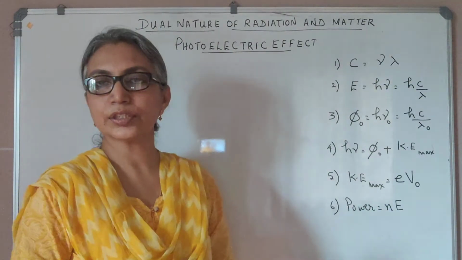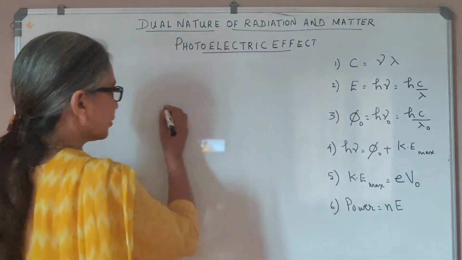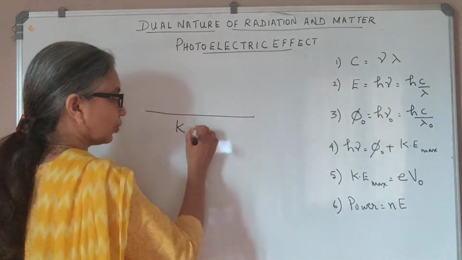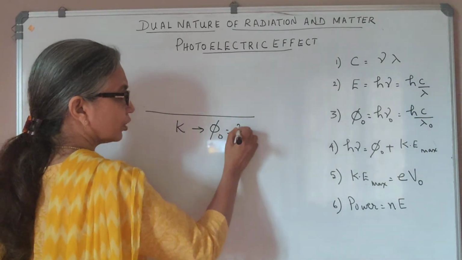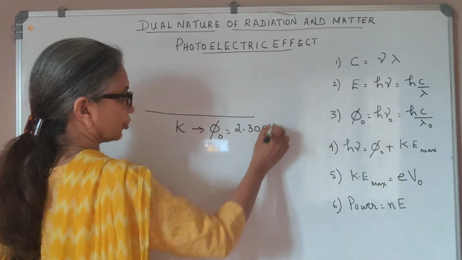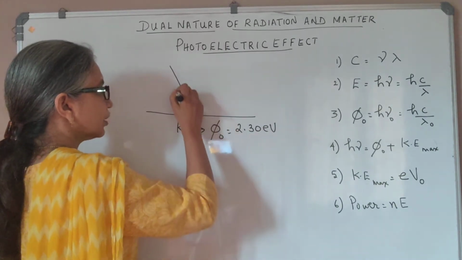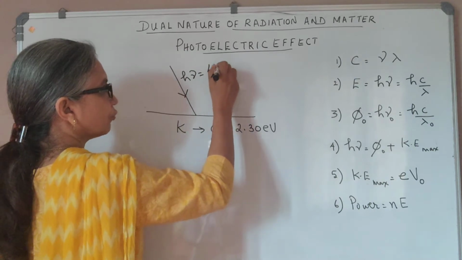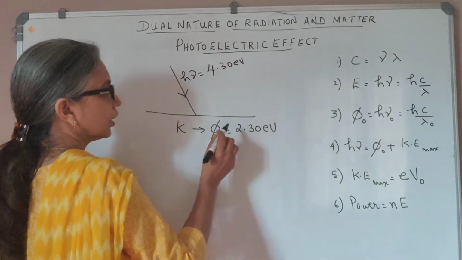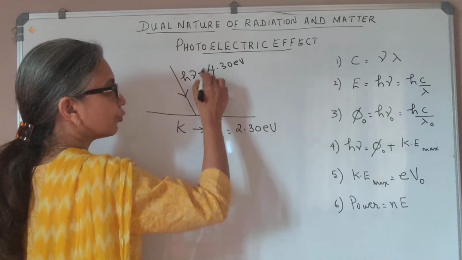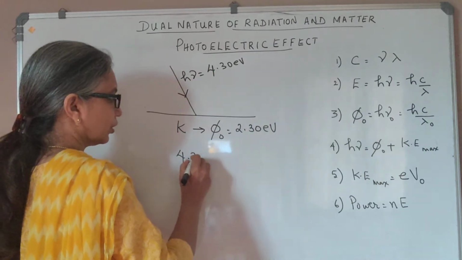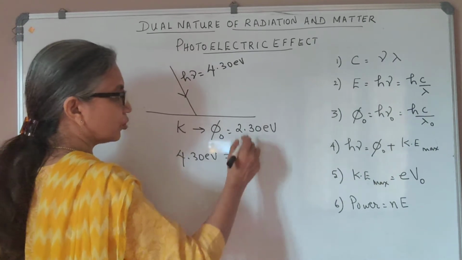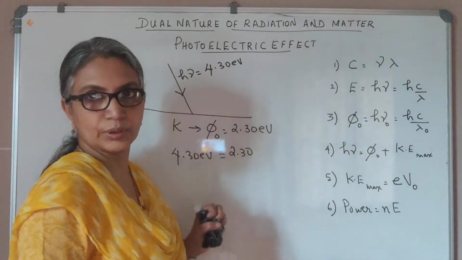Now we have Einstein's photoelectric equation. Just now I showed you that if potassium has a work function of 2.30 electron volt, and the incident radiation is carrying an energy h nu equal to 4.30 electron volt, then out of this 4.30 electron volt, 2.30 has been used up to emit the photoelectron.